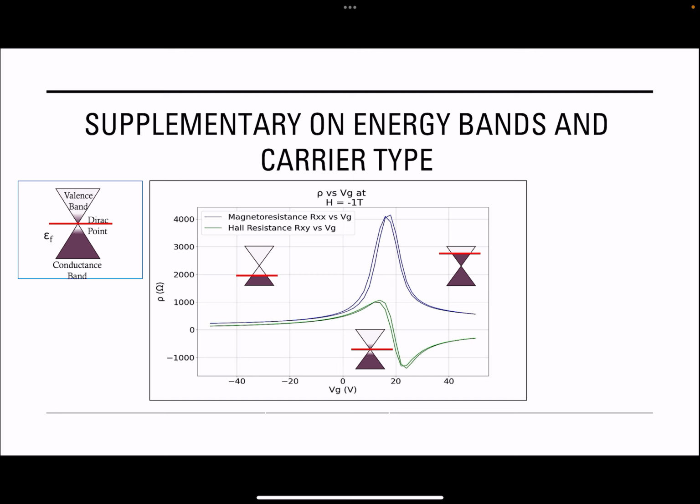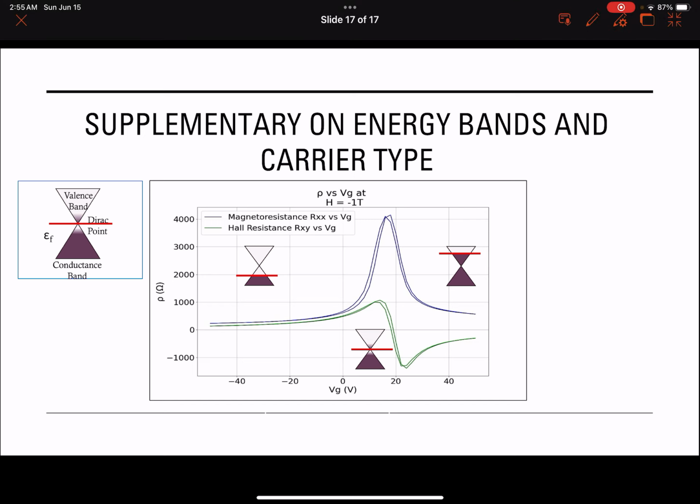And then this is a little more supplementary material on the energy bands and energy carriers, where I draw a little better what this represents. We can see here the Hall resistance and the regular longitudinal resistance, or magnetoresistance, better said.